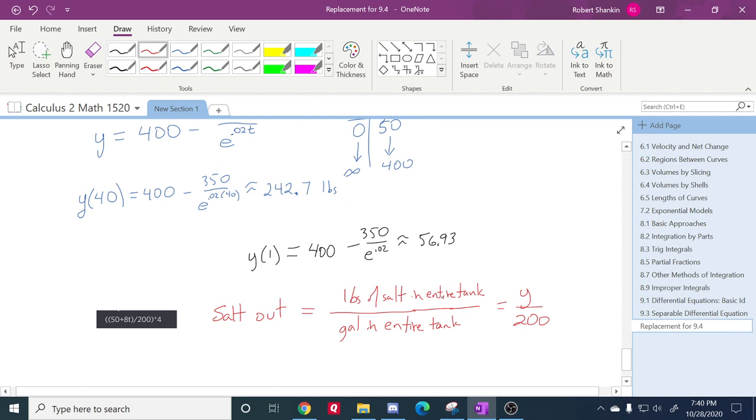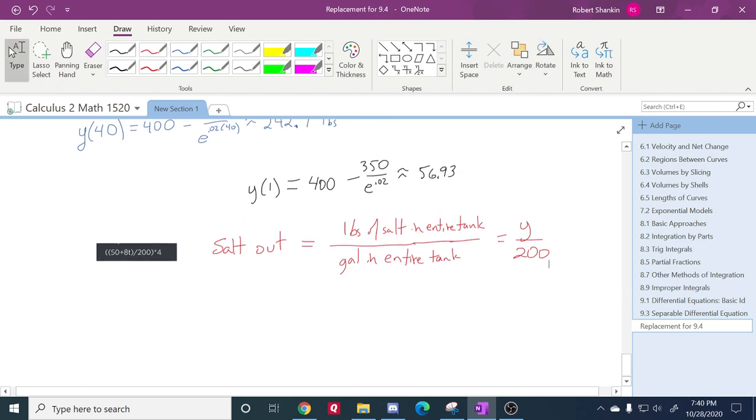Y was the pounds of salt in the entire tank. It would be nice if we could get it in terms of T, and that would be a simpler differential equation where you only have the input letter on the right-hand side. But it turns out you have to use the output letter. It's too complicated to get it in one of these other ways. I hope that helps you. And any other questions?